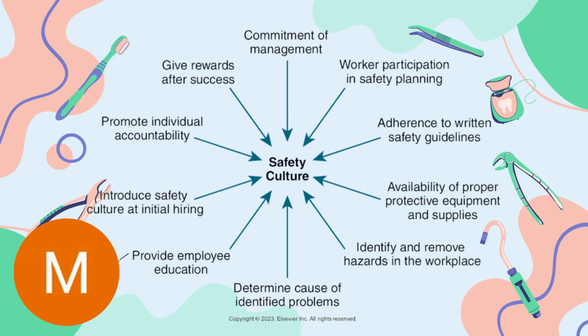Commitment of management, worker participation in safety planning, adherence to written safety guidelines, availability of proper protective equipment and supplies, your PPE, identify and remove hazards in the workplace, determine cause of identified problems, provide employee education, introduce safety culture at initial hiring, promote individual accountability, and last, give rewards after success.